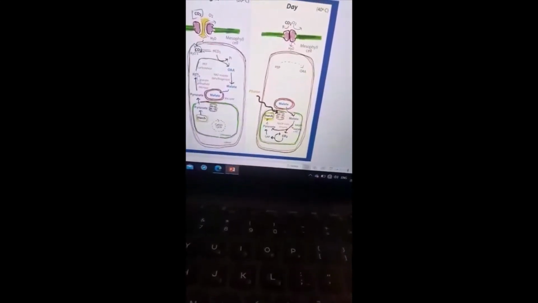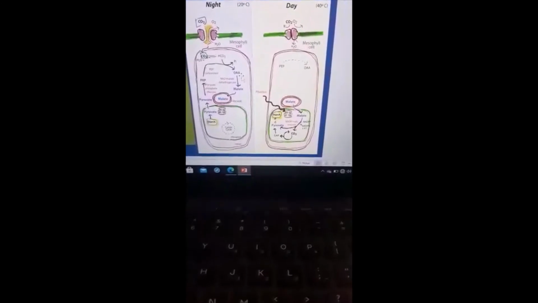That bicarbonate that has got one carbon will interact with phosphoenol pyruvate, abbreviated as PEP, a 3-carbon compound. Just like in the C4 pathway, the first compound to be formed has got 4 carbons. And that compound is called oxaloacetic acid, or simply abbreviated as OAA.